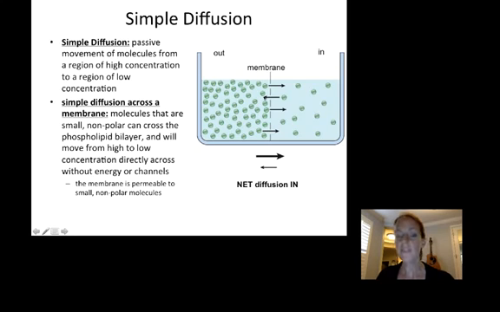So if there is a small nonpolar molecule that's in high concentration on one side and low concentration on the other, then it will have simple diffusion to move across the cell. It does not need energy or channels to do so because the membrane is permeable to these small nonpolar molecules. They are allowed to cross the membrane.